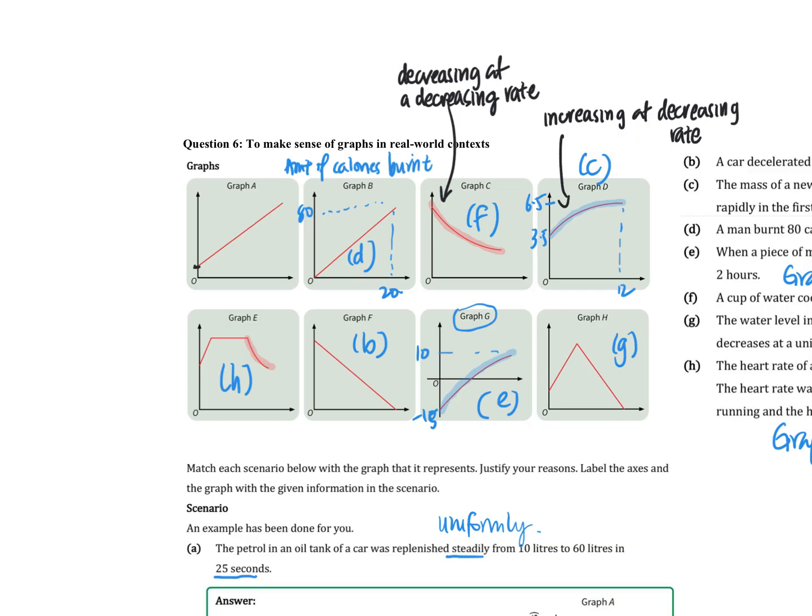Curve outward like that. Okay, so you imagine the gradient. It gets steeper and steeper, right? So this is decreasing at an increasing rate. So it's reducing but at a faster rate. Yes, correct. Increasing rate. So take note of the difference.